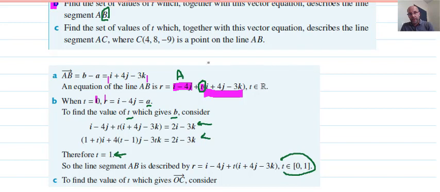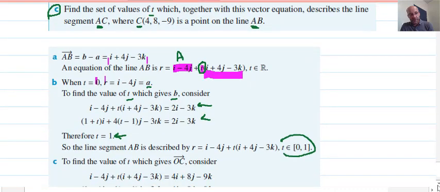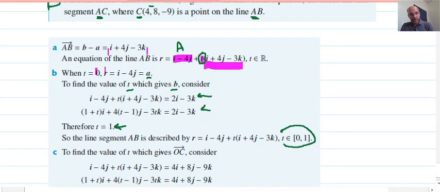And lastly, find the set of values of t together with the vector equation we found to describe the line segment AC. C is a given three-dimensional point there, where C is a point on the line AB. So this part we're doing now relates to the two above. We need to find a value of t which gives this position vector OC.